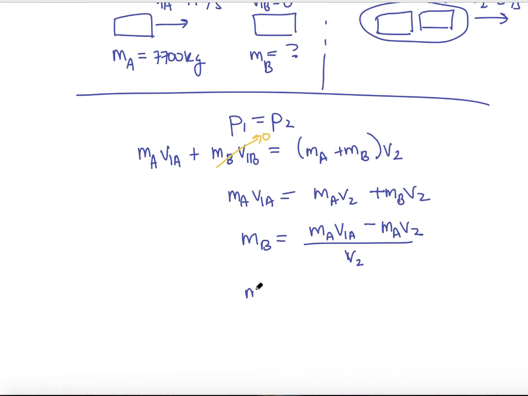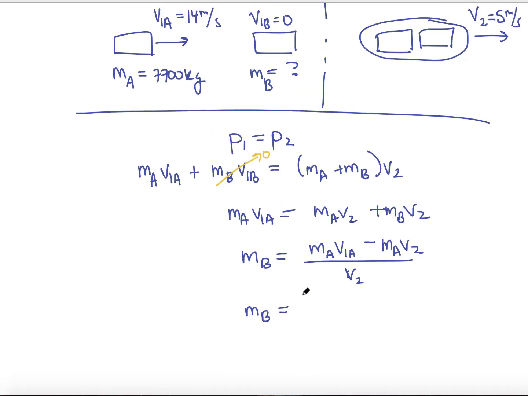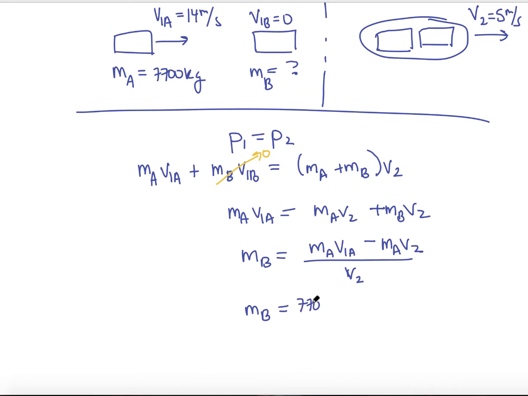So now I can substitute. Mass A is 7,700 kilograms times its initial velocity of 14 minus 7,700 times the final velocity of 5, all divided by the final velocity of 5.